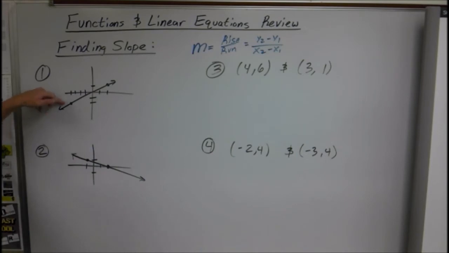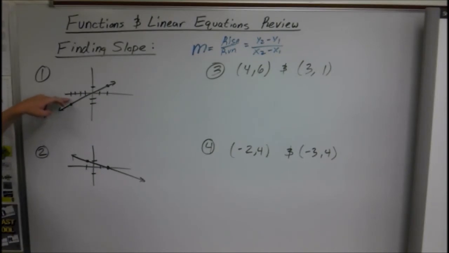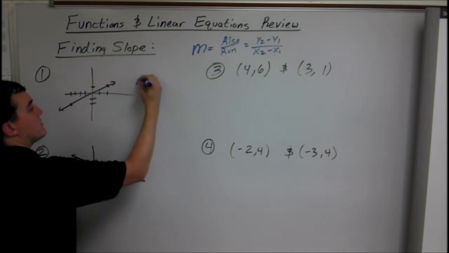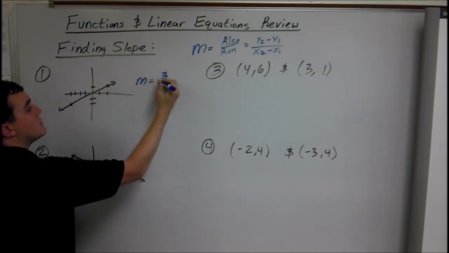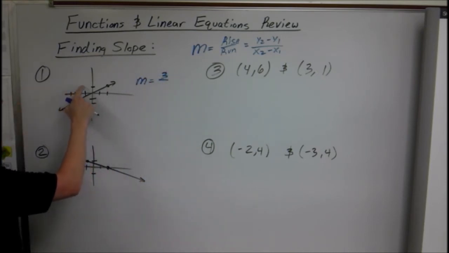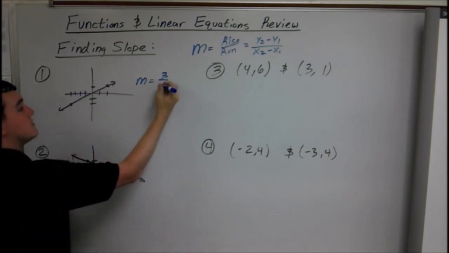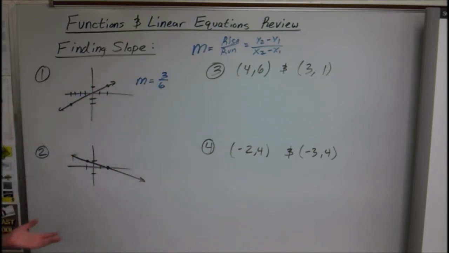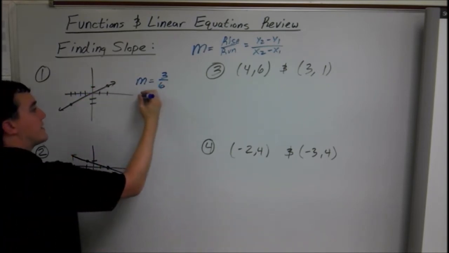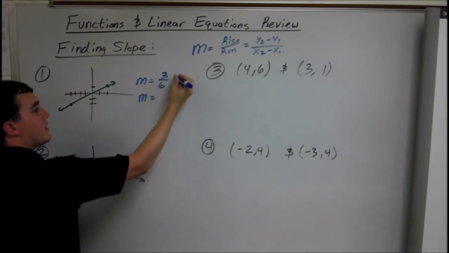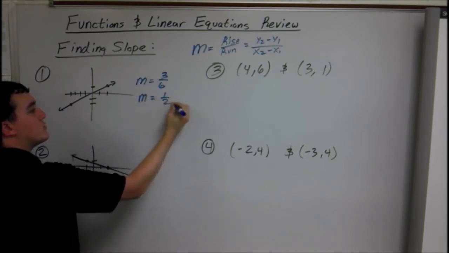Rise over run. So our rise from this point to this point, the ones they give us, 1, 2, 3. So we have a slope of 3 over 1, 2, 3, 4, 5, 6. But you can't leave it like that because you have to reduce it. So the actual slope is divide by 3, 1 over 2.